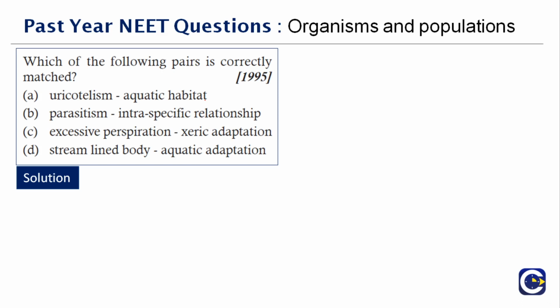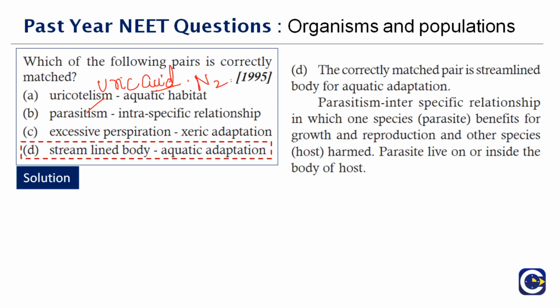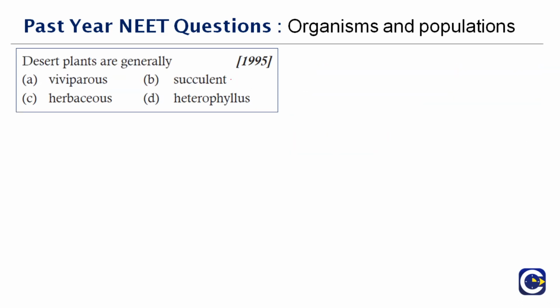So eurycotylism is not seen in aquatic habitat but rather in reptiles and birds. Maybe you can remember it like this: the uric acid liberated from their body is the nitrogen waste which comes out of the body. Therefore, the right answer to this question is option D. Next question here: desert plants are generally dash.